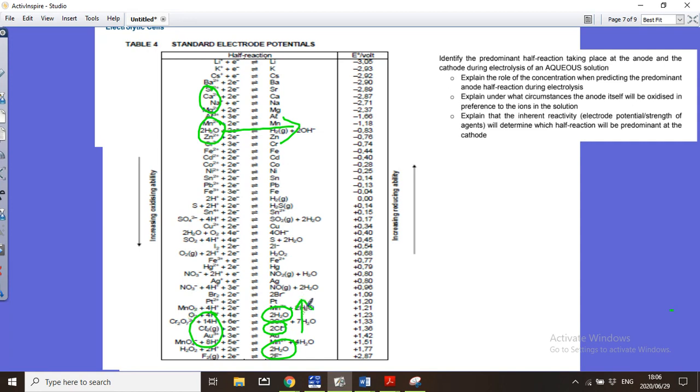Please remember this because they do ask it. The sodium and the water is too far away from each other for it to have an effect there. It has to be very close to each other on the table for the concentration to actually play a role.